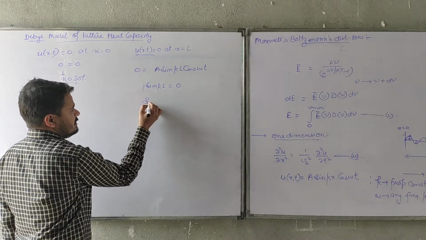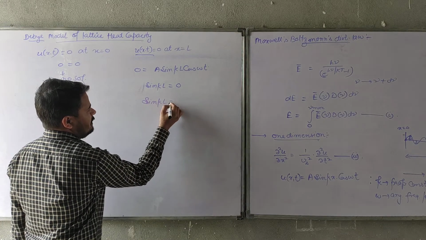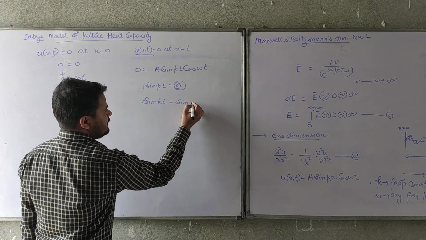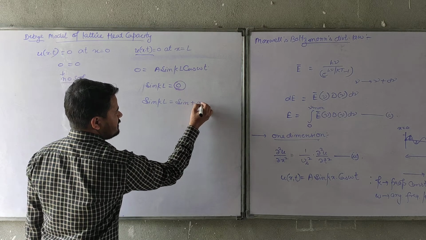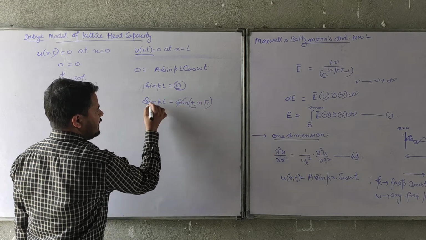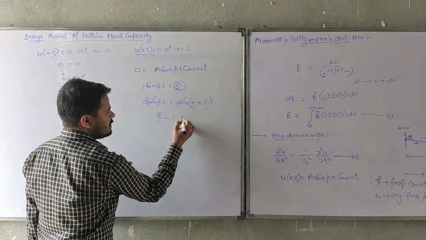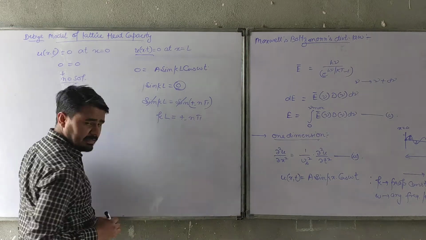We know that sine kL equals sine 0, and this 0 is what? That is sine of plus or minus n pi. Sine will be cancelled out, so kL equals plus or minus n pi.